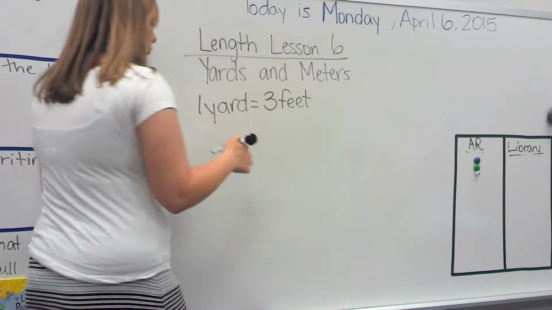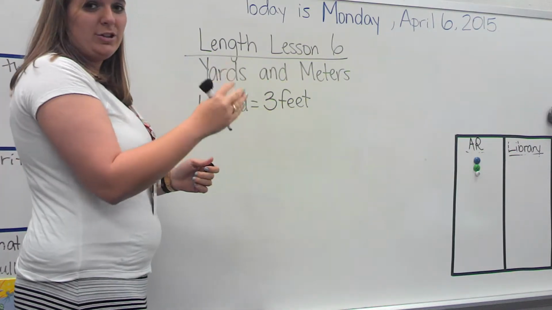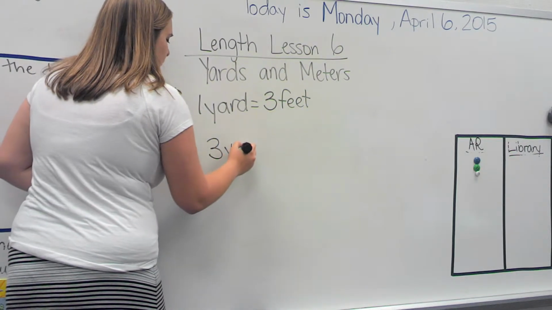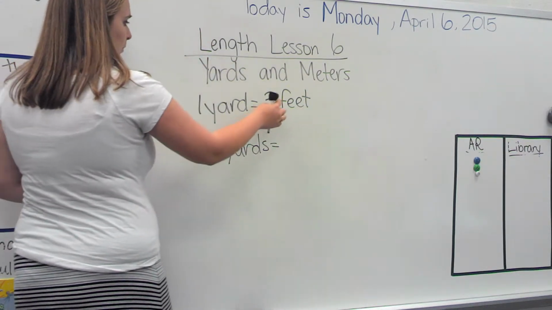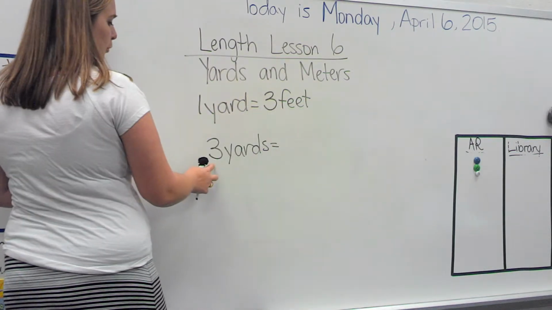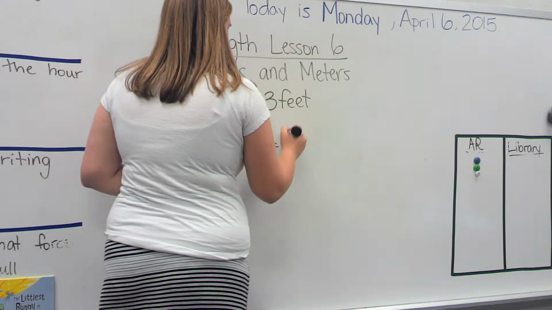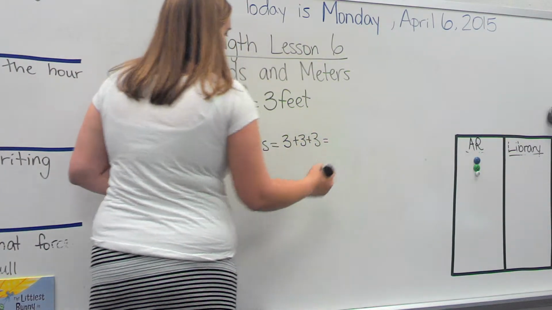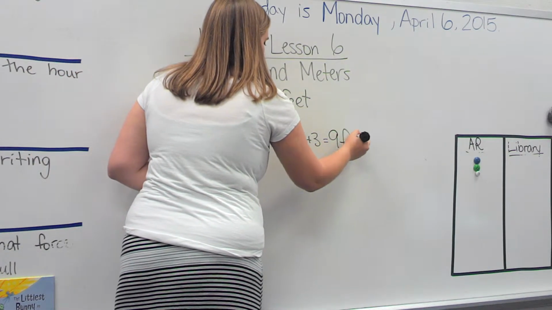I just want to practice going back from yards to feet, like we did feet to inches. If I've got 3 yards, that just means I'm adding my 3 feet 3 times to figure out how many feet are in it. So 3 yards is equal to 3 plus 3 plus 3, which is 3, 6, 9 feet.